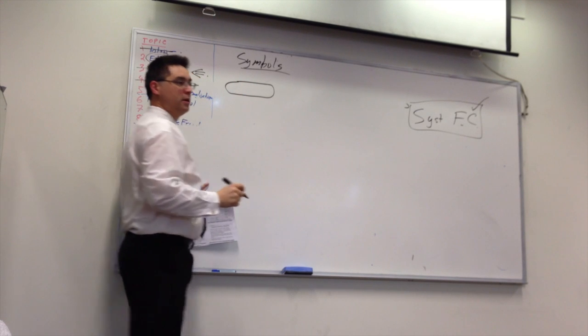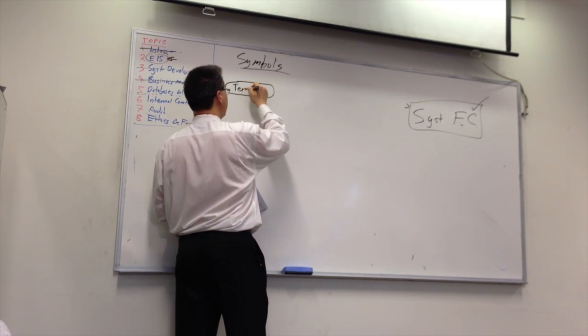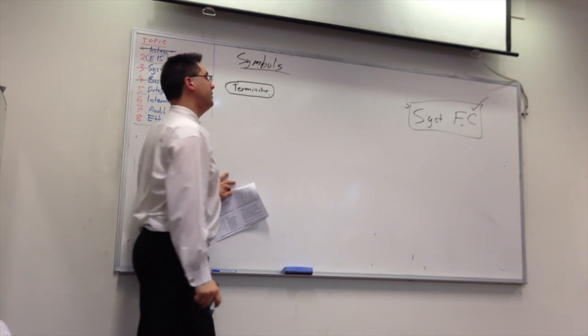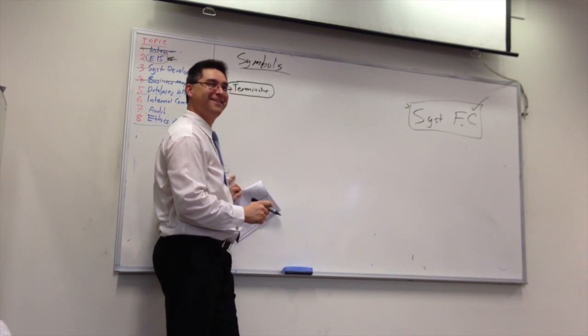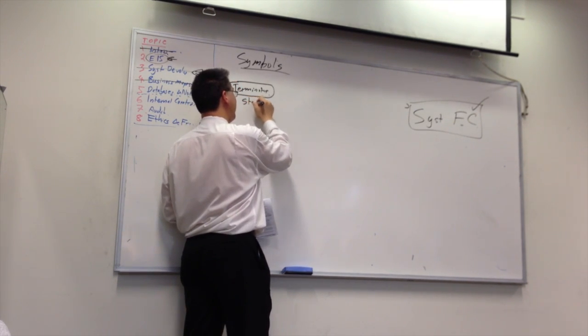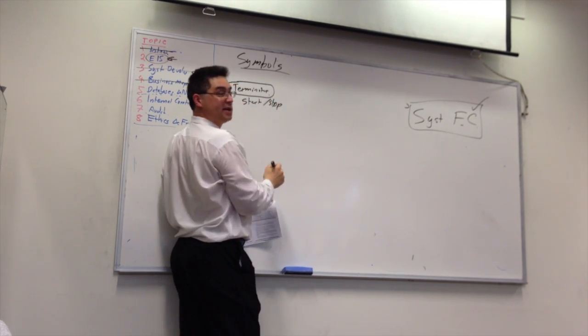Start. Yeah, it's technically called a terminator. And the terminator will be back. Hasta la vista, baby. The terminator is a start or a stop. It can also mean an external entity.